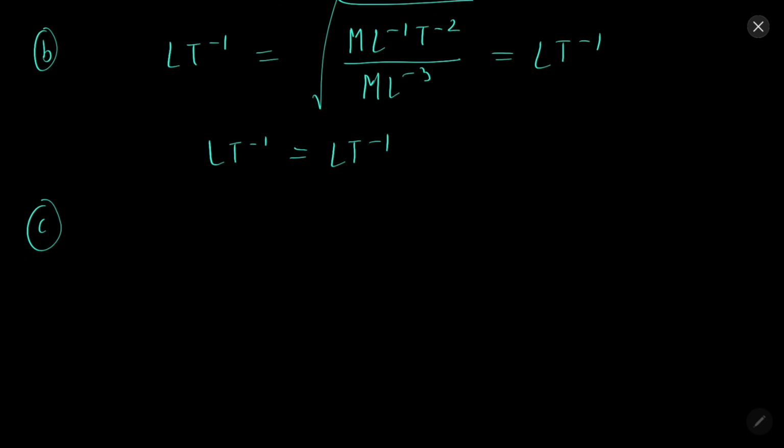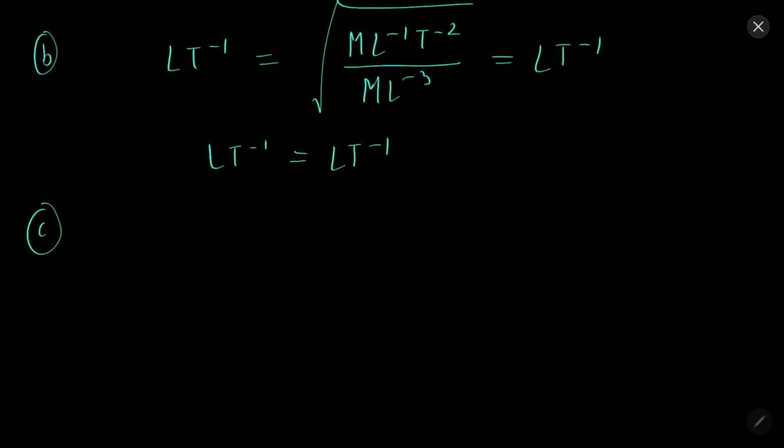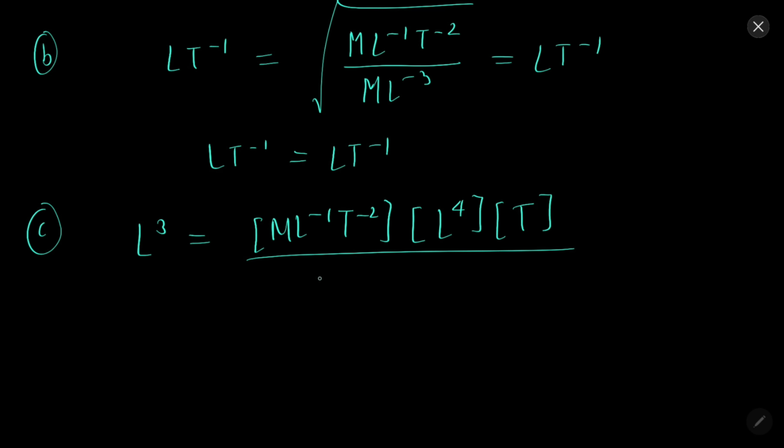In the third part, the dimension of volume is L cube. Pi is a constant, the dimension of pressure will be m L minus 1 t minus 2, the dimension for r will be L, and the dimension for time will be t, over 8, which has no dimension because it is a constant.